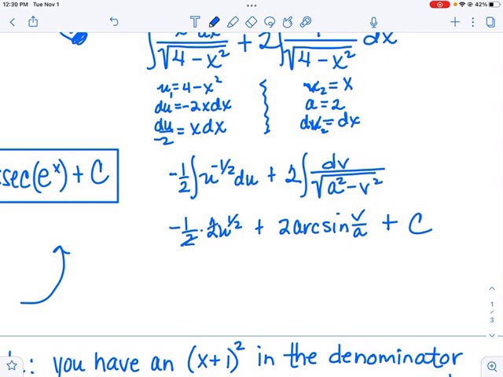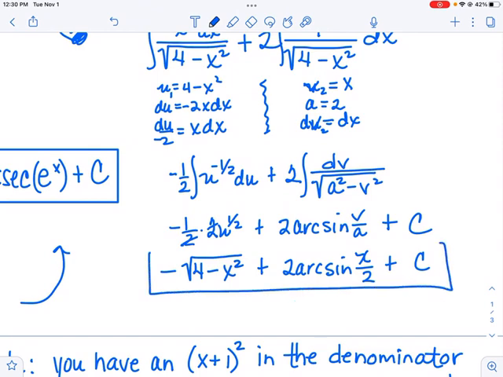So I have negative the square root of u. We can put the u back in. u is 4 minus x squared, right? And then we have plus 2 arc sine, and then v in this case is equal to x. So we just have x over a, which is 2, and then plus c. So we have our whole answer here.